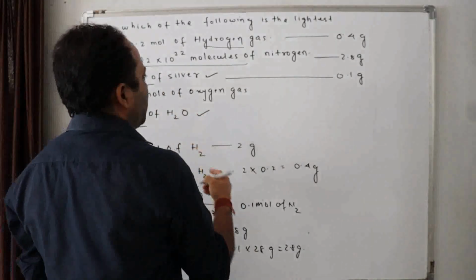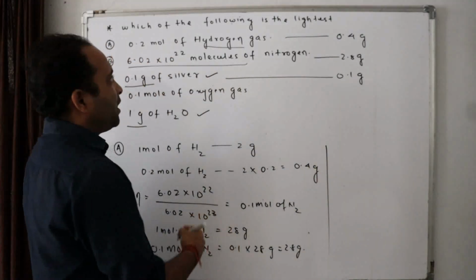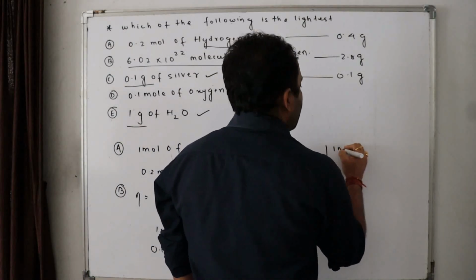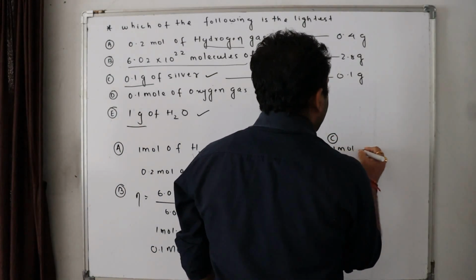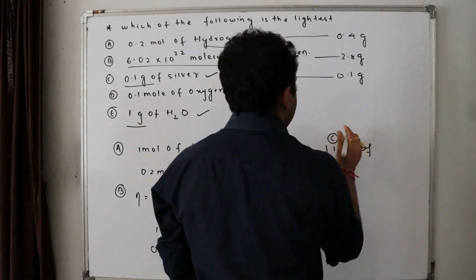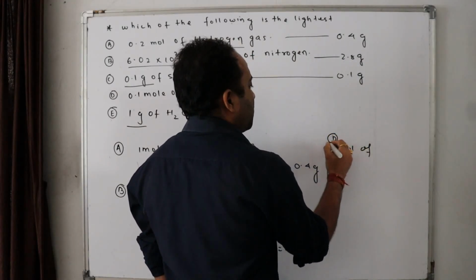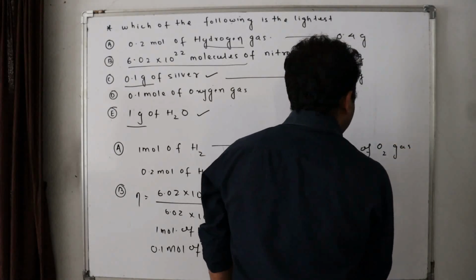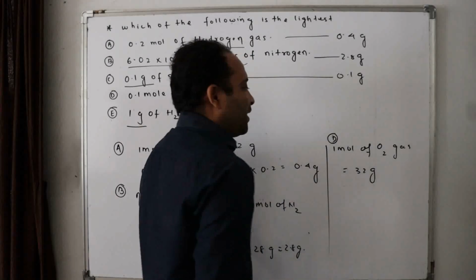Now 0.1 mole of oxygen gas. How does oxygen exist? Again O2. This is for D. 1 mole of oxygen gas has a molar mass of 32 grams, isn't it?